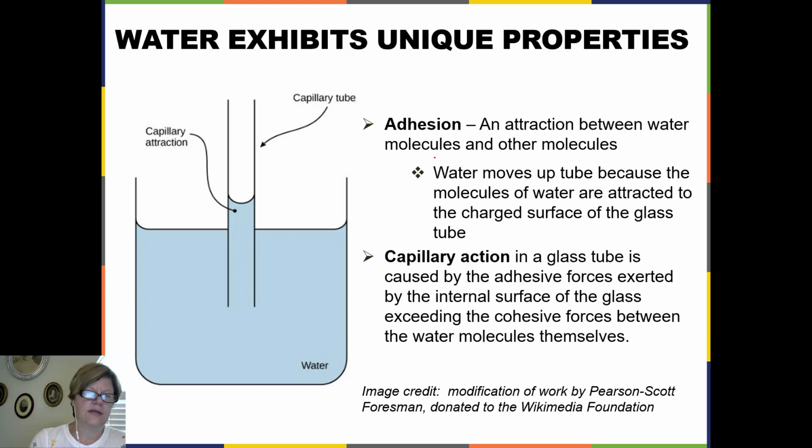And in a plant, you don't have glass, obviously, but you have very, very thin tubes, and they will pull the water up the tube, and those are the tubes that pull the water up the stem to the leaves. And so the capillary action is what moves water up the stem or the trunk of a tree.